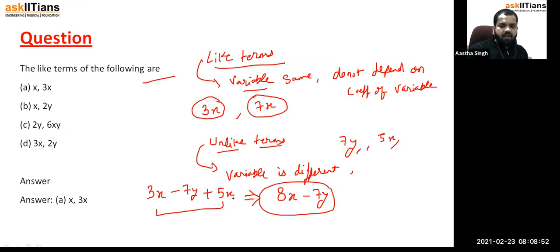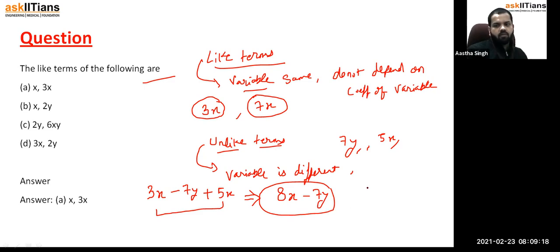Why have we added? Because these are like terms. In case of like terms, addition, subtraction, multiplication can be done. But unlike terms, we cannot add them. We cannot subtract them. Your 8x and minus 7y cannot become 1. I think you got the point. In case of unlike terms, we cannot do algebraic operations between them.